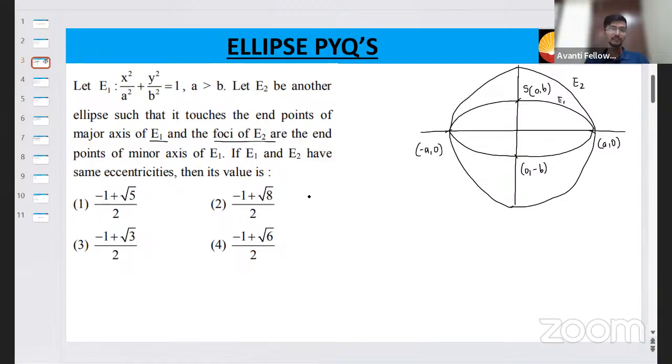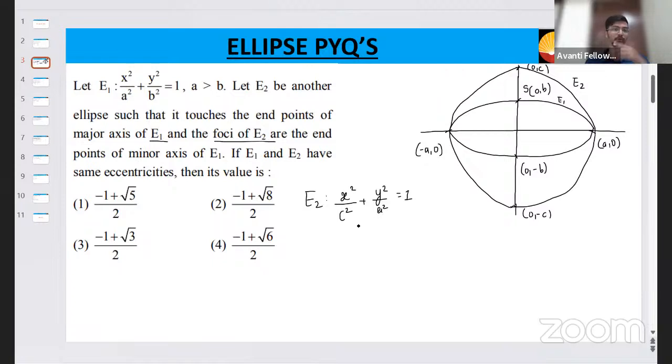So the equation of E2 we can write as x square upon... who's the major axis? This one. So let's say this point is 0 comma c and this point is 0 comma minus c. So x square upon c square plus y square upon a square equals 1. This is the minor axis for E2 and this is the major axis for E2.